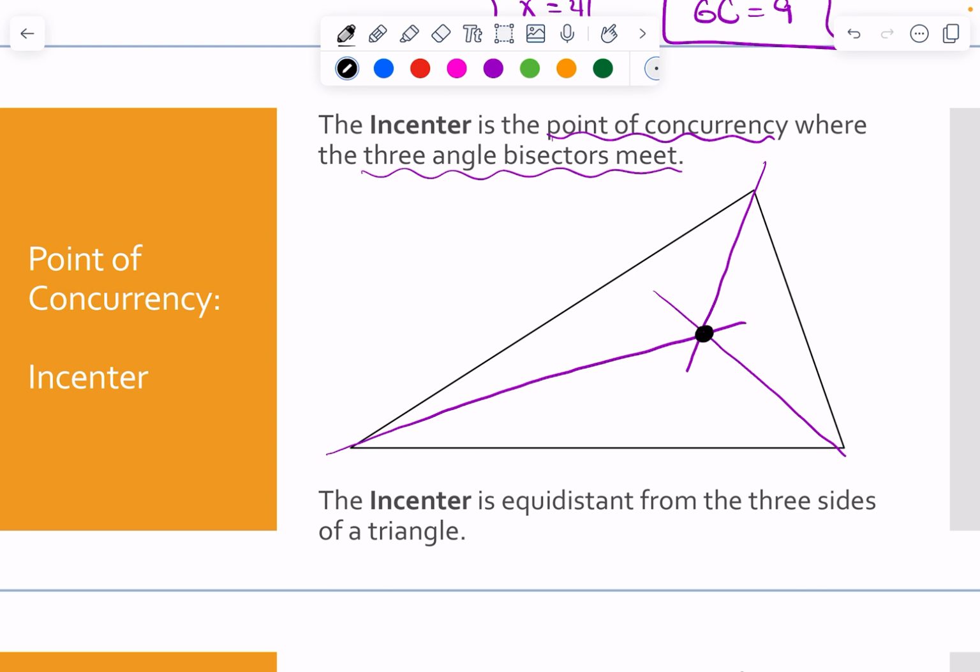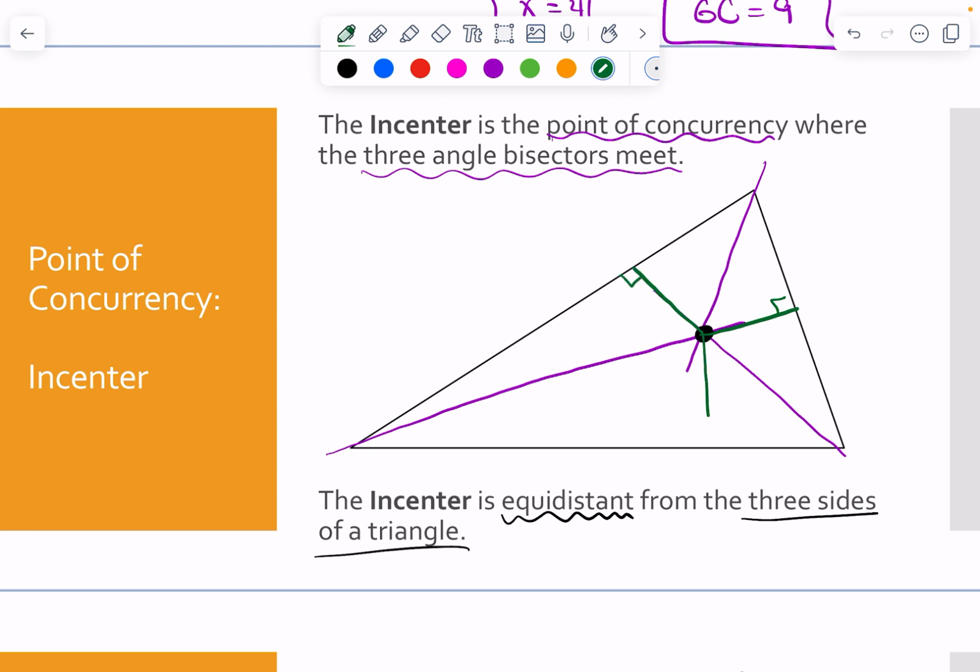Now, okay, cool. What does that mean? Well, the incenter is equidistant from the three sides of the triangle. So what does that mean to us? That means that it is going to be perpendicular to the other side. It is going to be perpendicular to the other side.